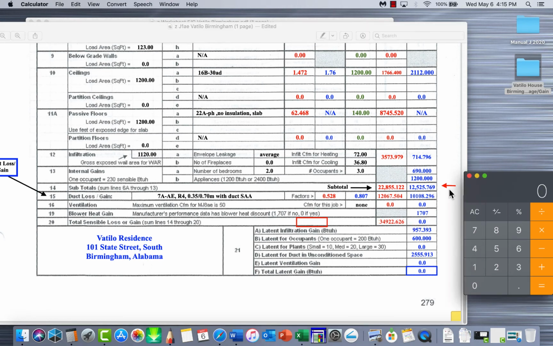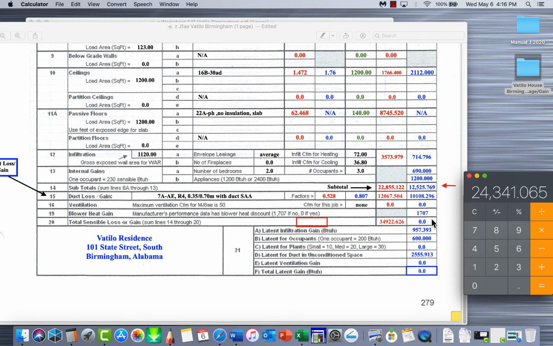Same for the cooling. We're going to just add this number here plus what we gained right there. So 12,525.769 plus 10,108.296 plus the 1,707 for the blower.